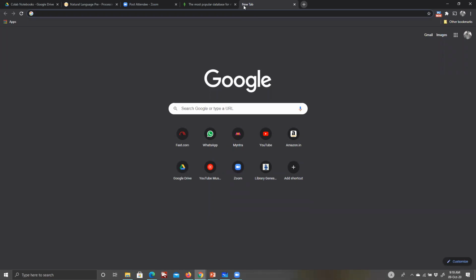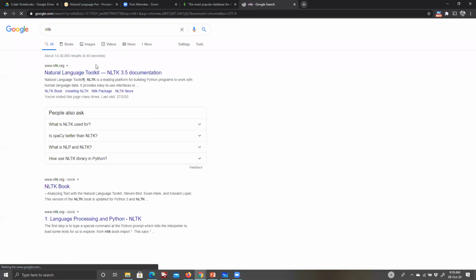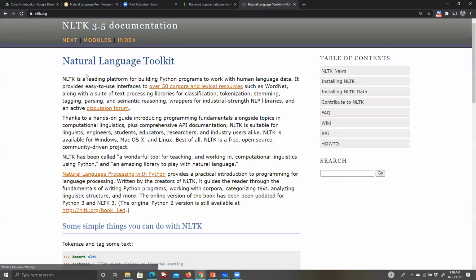Okay guys, there are three things I have to tell you before we get formally started in natural language. We might actually do it formally in the next class anyway. One thing I want you to download is NLTK. NLTK has been one of my favorite toolkits for natural language.